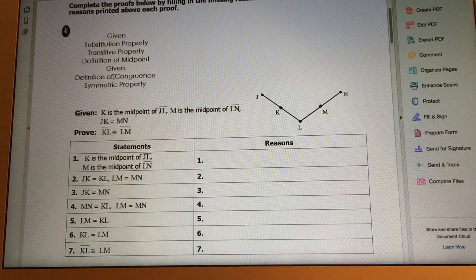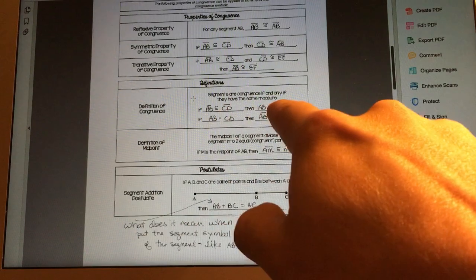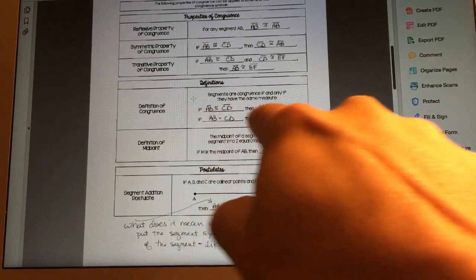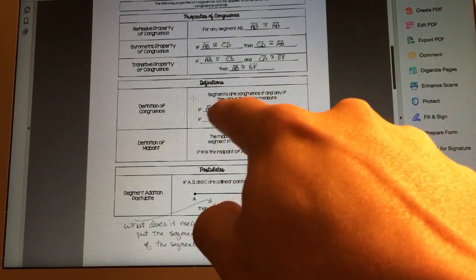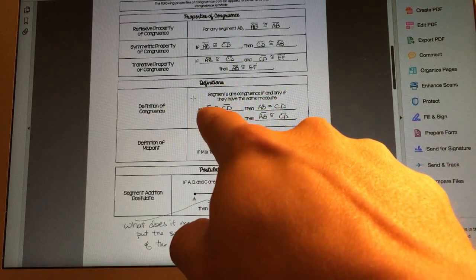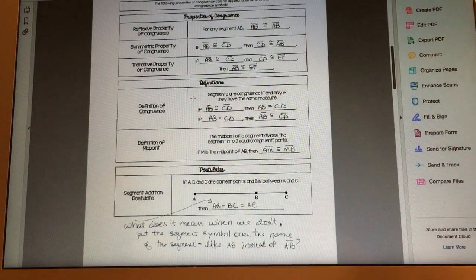Definition of congruence. Think about what definition of congruence is. Definition of congruence is what allows us to go back and forth between a congruent symbol and an equal sign. Equal sign to congruent symbol. When you're jumping from AB is congruent to CD to AB equals CD, it's definition of congruence.